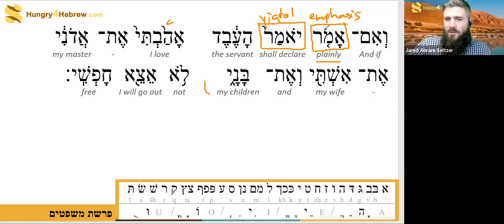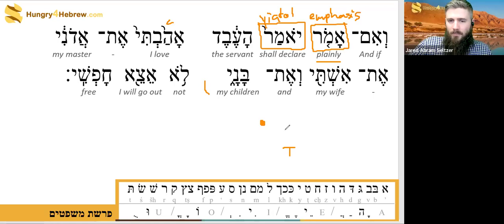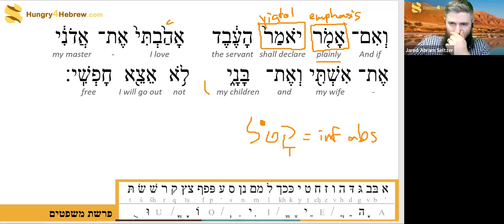What form is this? We'll call it the katol, is your infinitive absolute. It is usually used for emphasis.